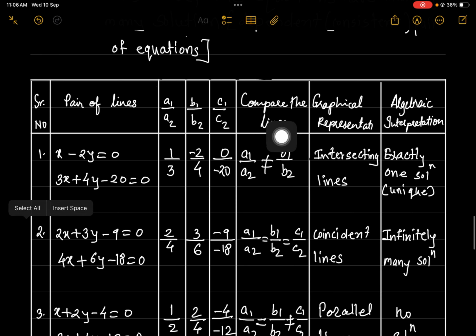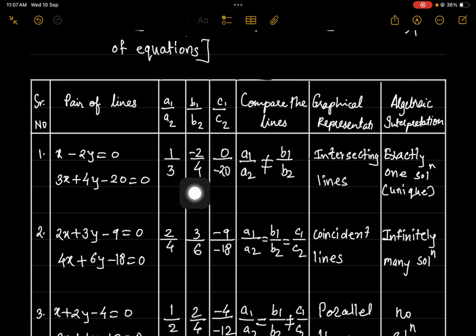We have to compare these ratios. Here a1 upon a2 is not equal to b1 upon b2. You see 1 upon 3, and minus 2 upon 4, which reduces to minus 1 upon 2. This ratio is not equal. Not equal means these are intersecting lines. If a1 upon a2 is not equal to b1 upon b2, then it is a pair of intersecting lines.